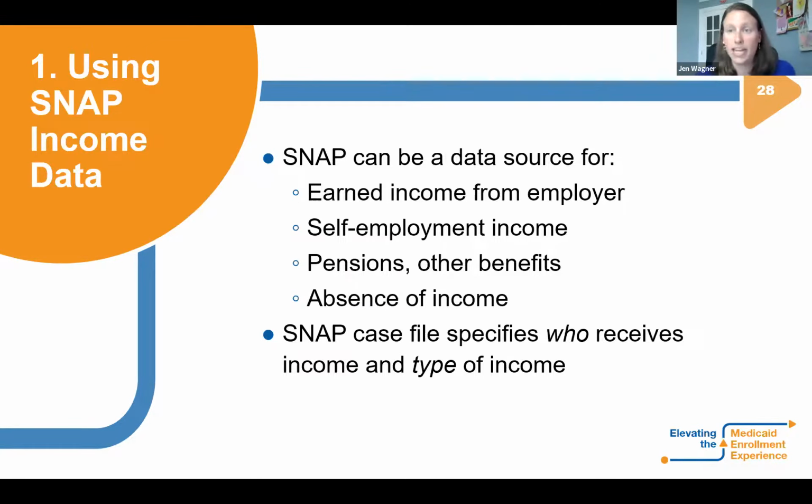It can also say this is the countable Medicaid income and only pull that information. So it's not pulling child support or other things that are countable for one program and not the other. This is most valuable in an integrated state where some of that coding is shared. And you may find that your state is already doing this in some way, but there are opportunities to capitalize on it, especially at renewal.